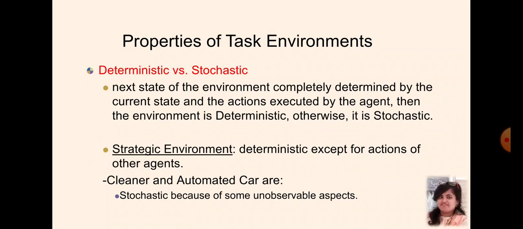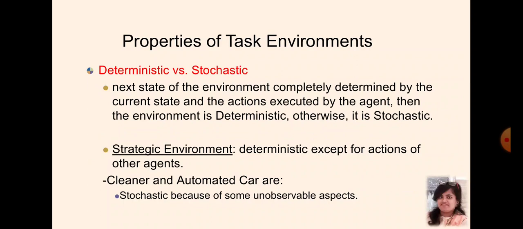That is, suppose an agent is in a particular state, and that state you can completely determine based on the current state and the previous actions the agent has already executed, then we can say it's a deterministic environment. Otherwise we say it's a stochastic one.